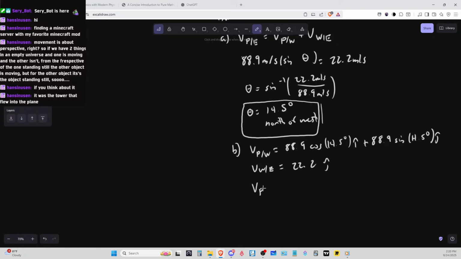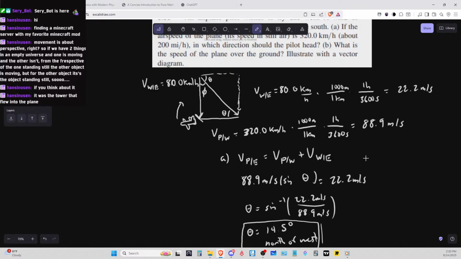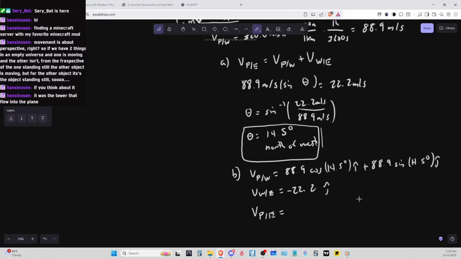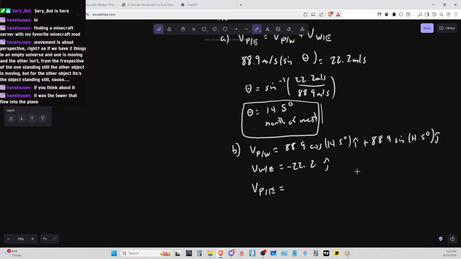So we want the plane relative to the Earth. Now, when we think of the wind, I think it's just going to push down on the plane, so I think we're going to have to put a negative sign here because it's going to interrupt the flight path, because we want these to cancel so that this is actually the actual path it's going.